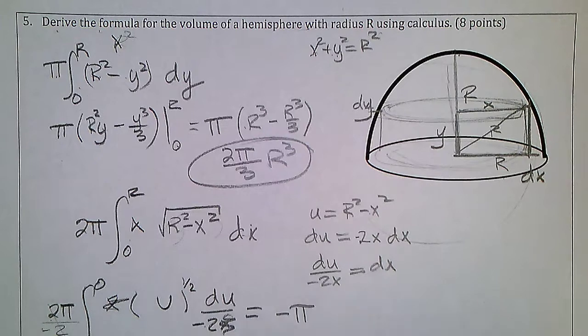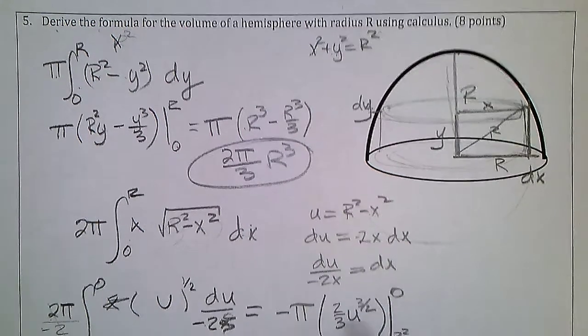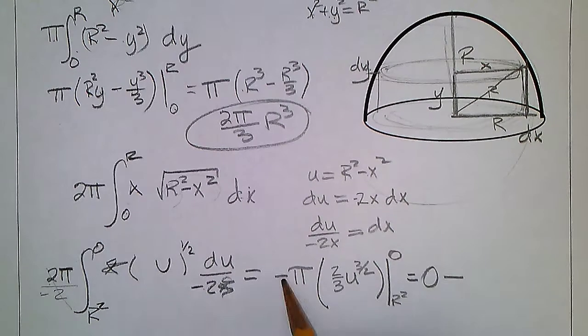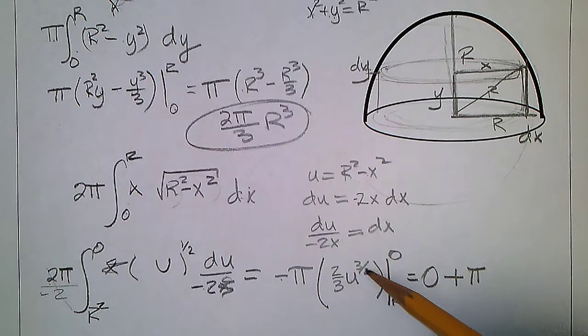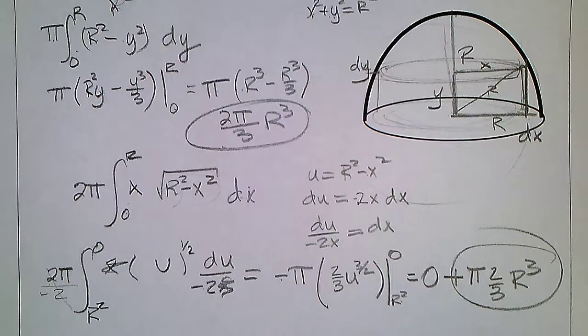And integrating u to the 1/2 would be 2/3 u to the 3/2 evaluated from r squared to 0. If I put in 0, I get 0. Minus a minus pi. And then I put in r squared. Square root of r squared is r, so u to the 3/2 is r cubed. So I get 2/3 pi r cubed, which is the same answer as we had before.